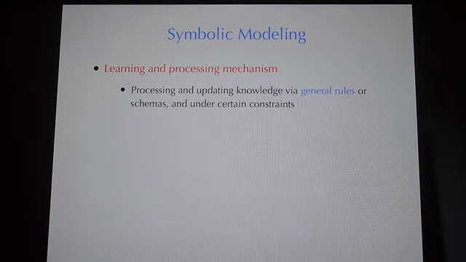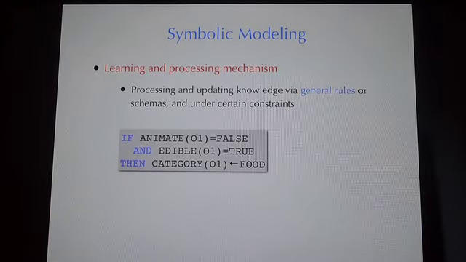How do we do that in a symbolic model? Basically, in symbolic models, processing and maintaining our knowledge about the world is done through a set of general rules or schemas, which are sometimes under certain constraints. Again, to give you an example, a rule can look like this. If an object is not animate, this is what the first line says.